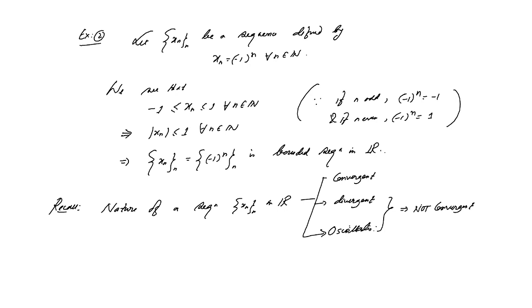But the question is how we will justify or conclude whether a sequence is convergent or not. That comes under the convergence of a sequence. So now the question is, when is a sequence xn in R convergent in R? We need to know the definition. What should be the definition of a convergent sequence?